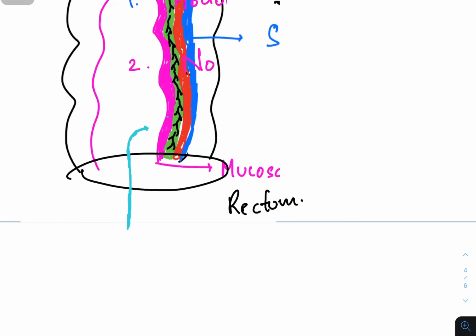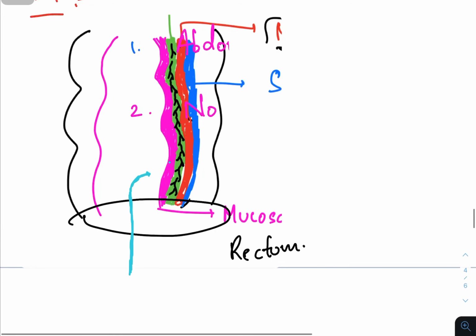Now which layer will you choose? Will you take the mucosa layer? No, because normally the mucosa layer doesn't contain any kind of nervous system. So even if you take a mucosa layer biopsy in a normal person, or from the person with Hirschsprung disease, you won't find anything.